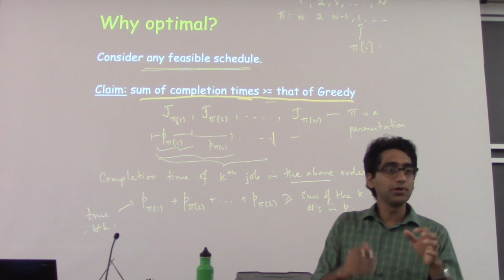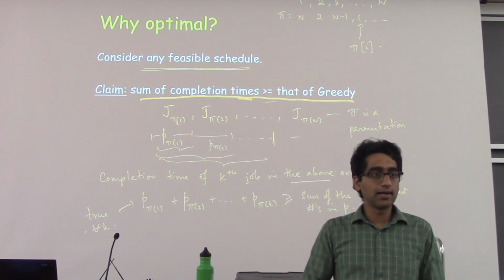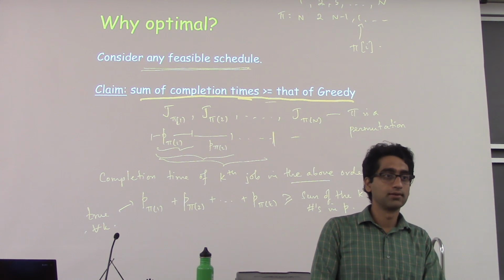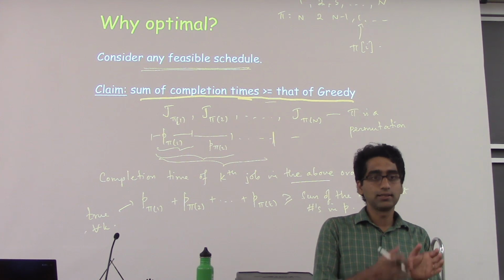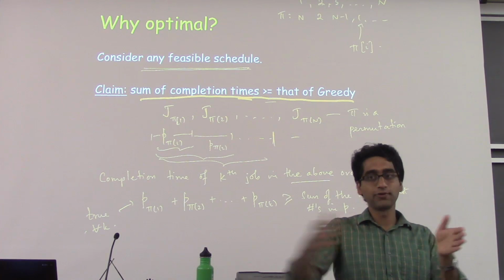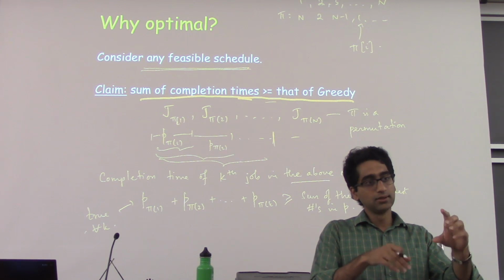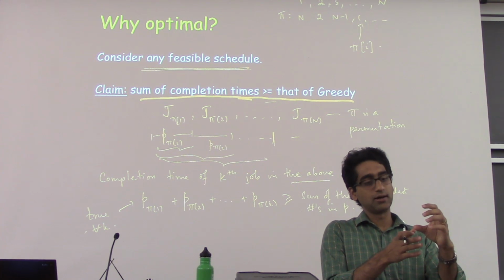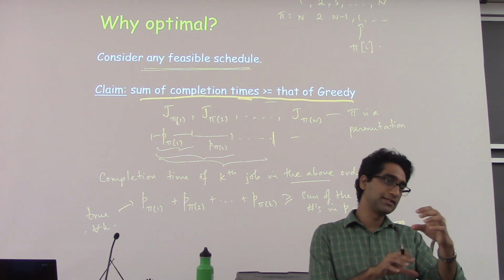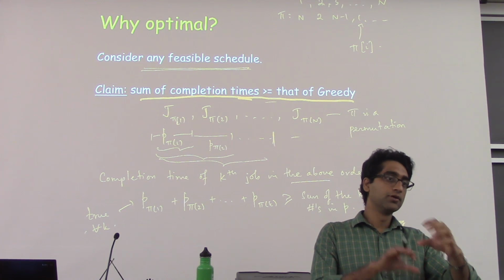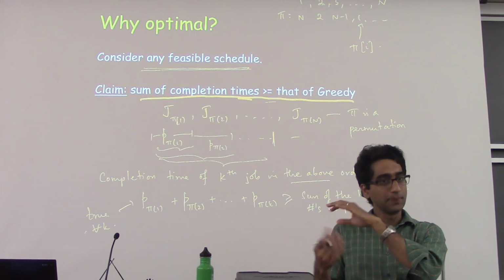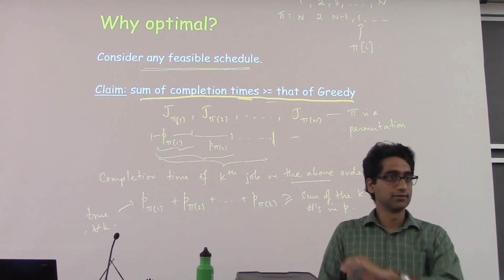Yes. I am showing this for every k, so it's also valid for the total sum. k could be n. You can think of k going from 1 through n. For each term, the price you are paying is bigger than or equal to the price that greedy is paying. So overall, the sum you pay is bigger than or equal to the sum that greedy pays.